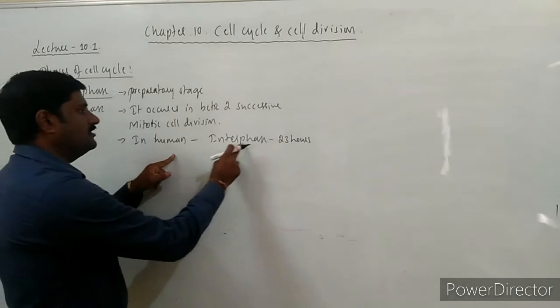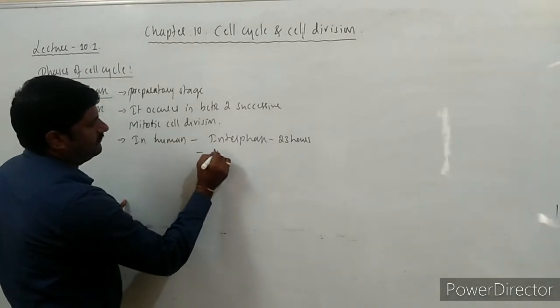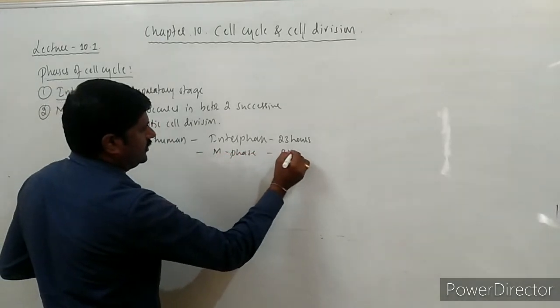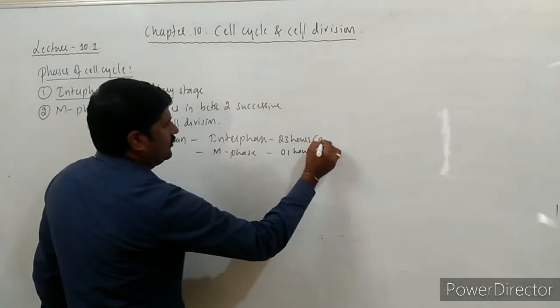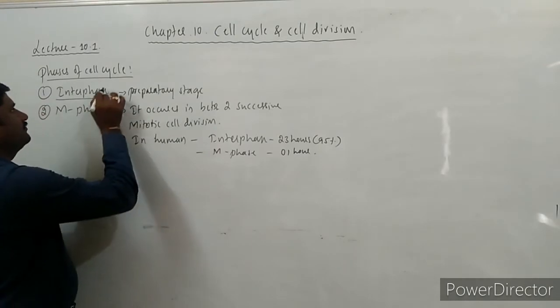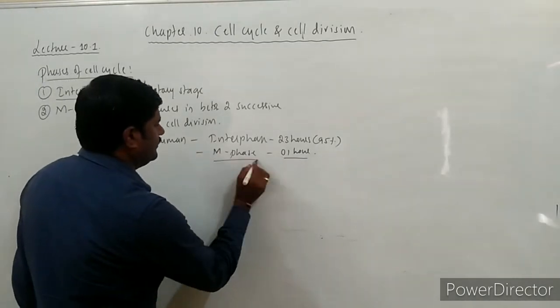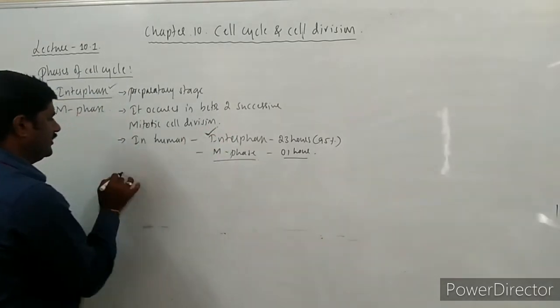In that 24 hours, interphase takes 23 hours, and M phase, that is mitotic phase, takes only 1 hour. See here, 95% of the time is taken by this interphase, only 1 hour is taken by the M phase. This means it plays a very important role over here.